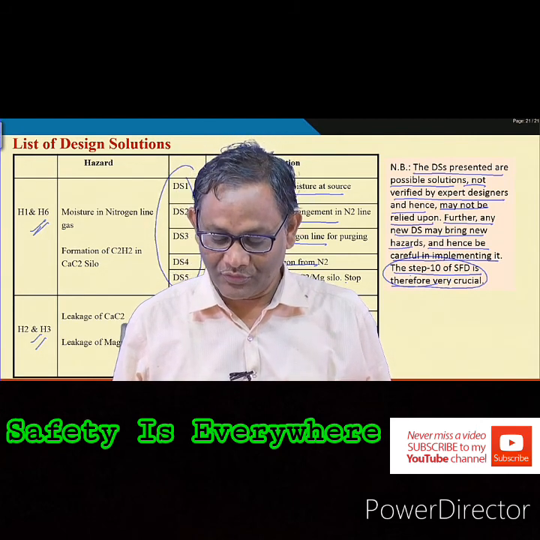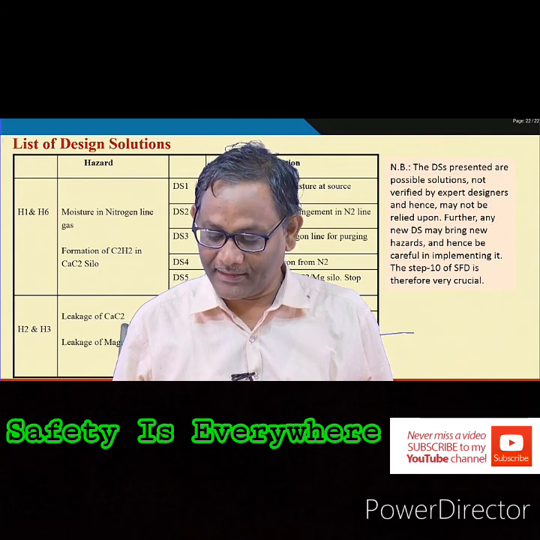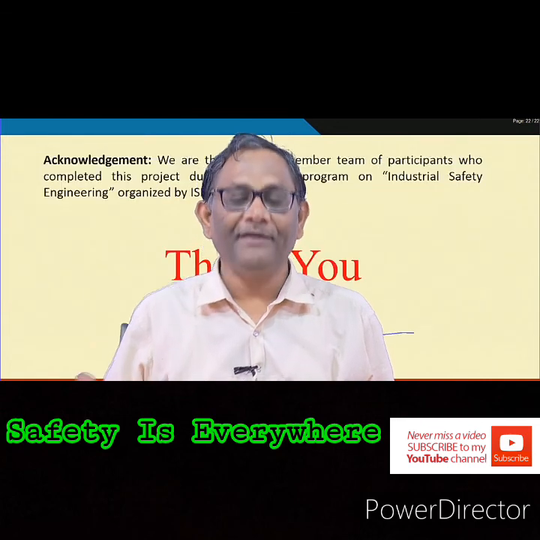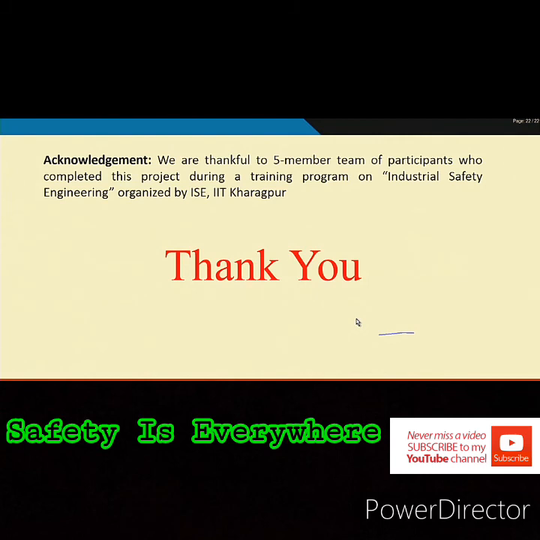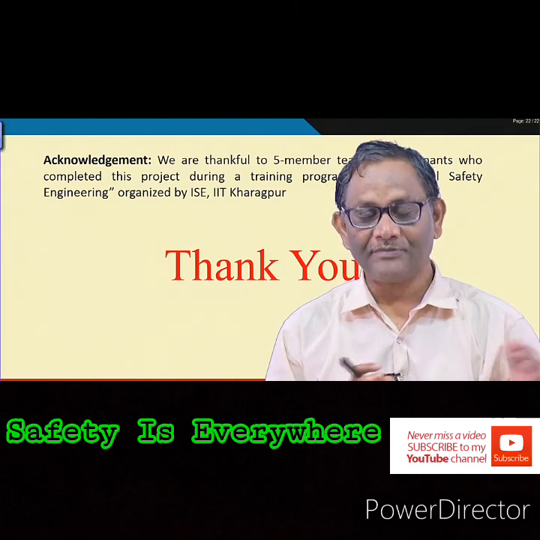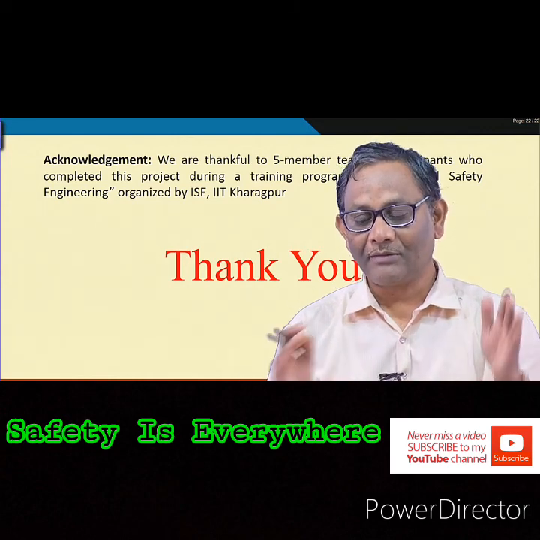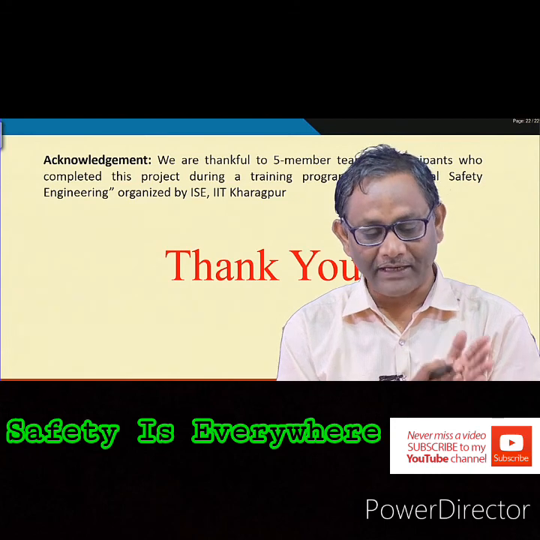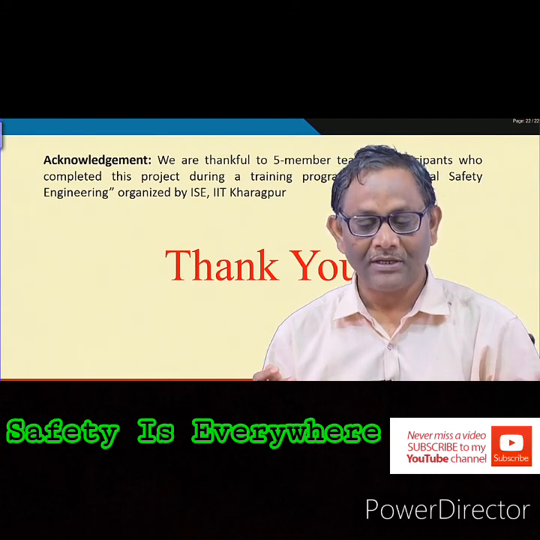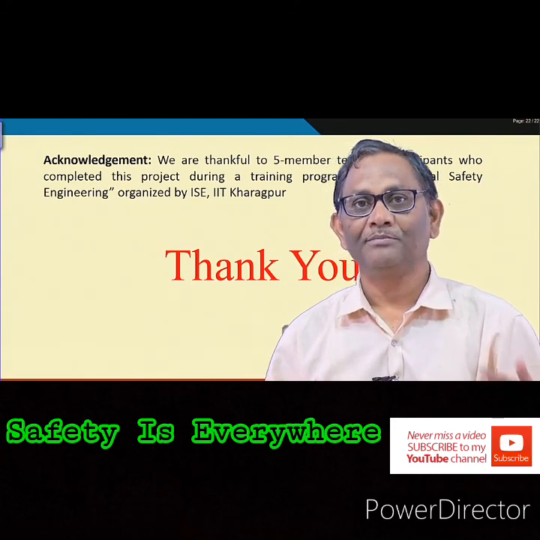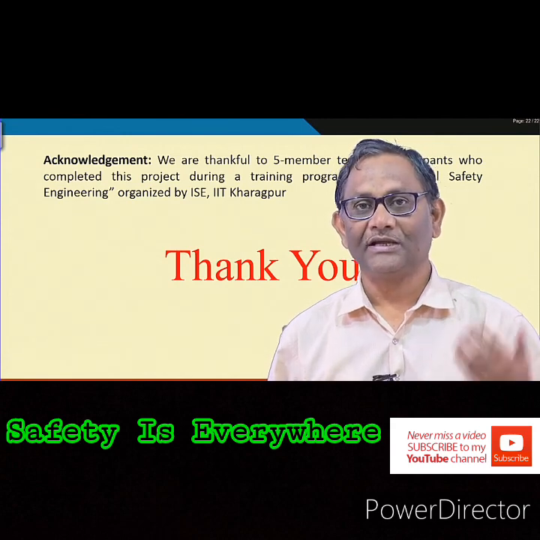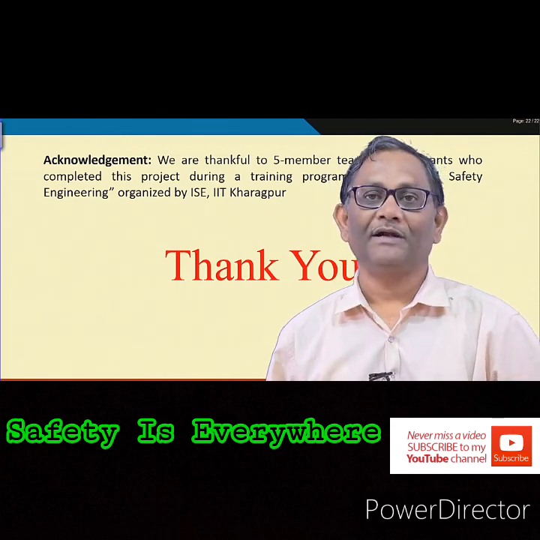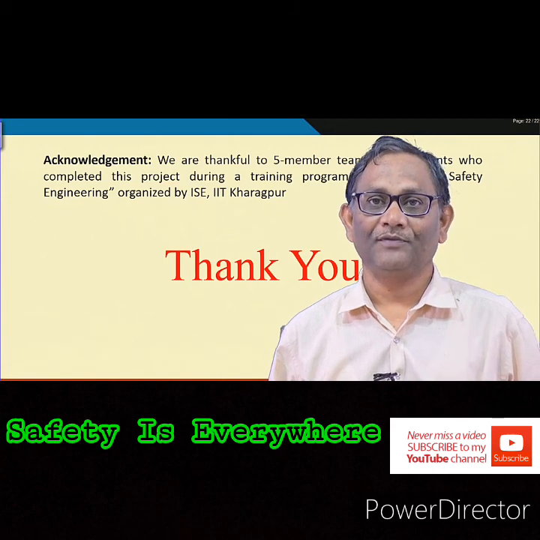Okay. I have gone very quickly, and the reason is obvious because most of the things are known to you, and I have just given you one after another in a systematic manner, so that you will be able to map hazard to design solution, and come out with a few design solutions which can be implemented at the system level, shop floor level.